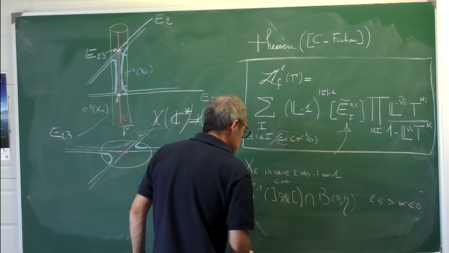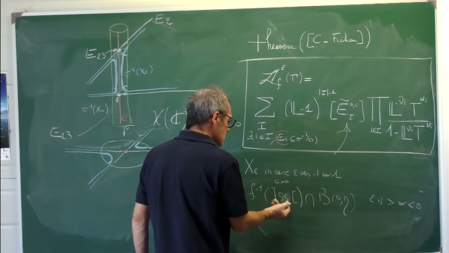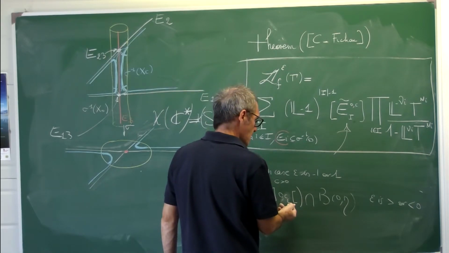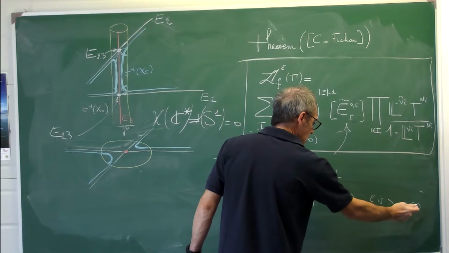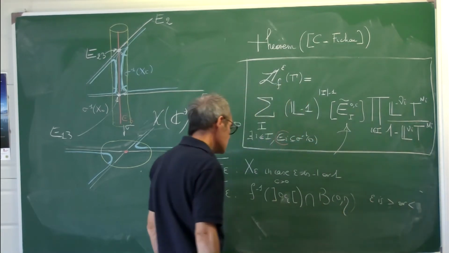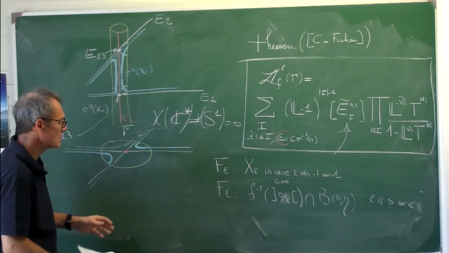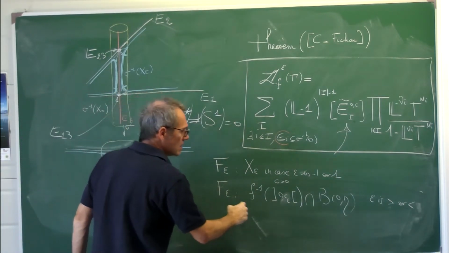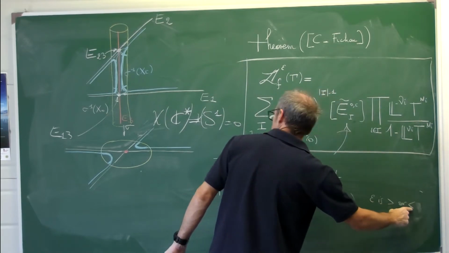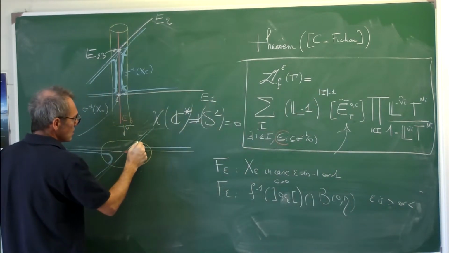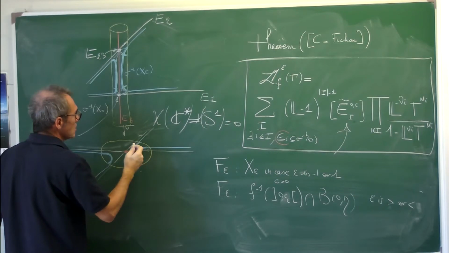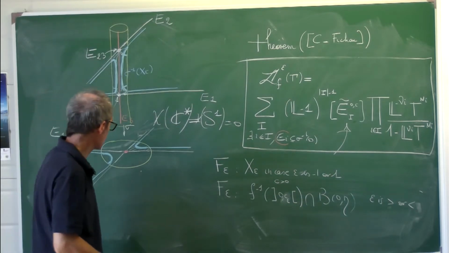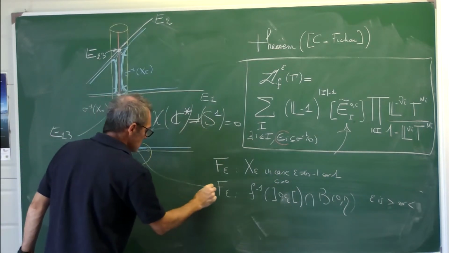I have to introduce C epsilon, which is a negative number in case I am in this situation, and which is a positive number in case I am in this situation. So it's better to understand this on a picture. This guy, when epsilon is this sign, is a pre-image of this semi-algebraic set. Pre-image of a semi-algebraic set by F.